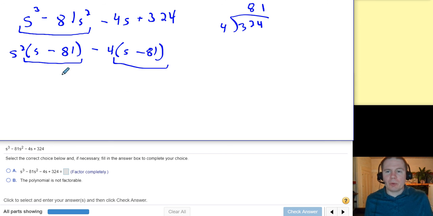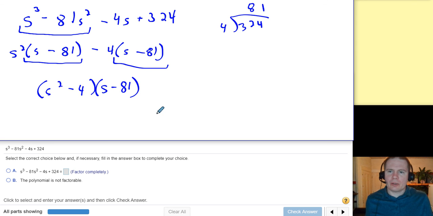All right, now when we look at these two terms, this is a common factor. Right? And we will actually see problems starting at this stage here. S minus 81 times something. S minus 81 times something. So here's s minus 81. That's being multiplied by negative 4 and by s squared.